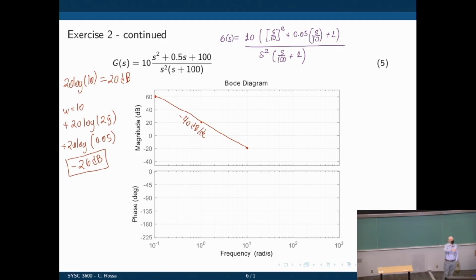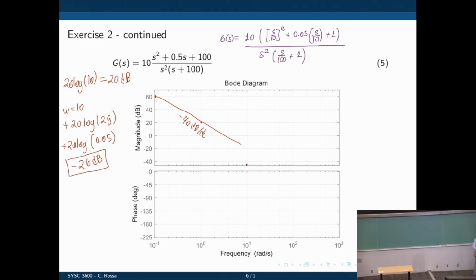If this was a pole, it would go up. We would see the bump going up. Because it's a complex zero, now it goes down. Here we are at negative 20. So if we add negative 26 to it, we should go to negative 46.